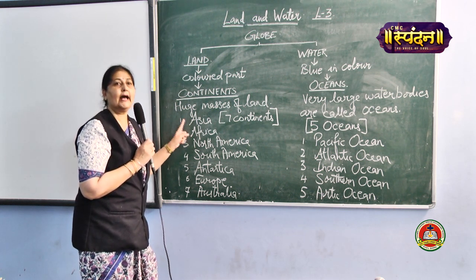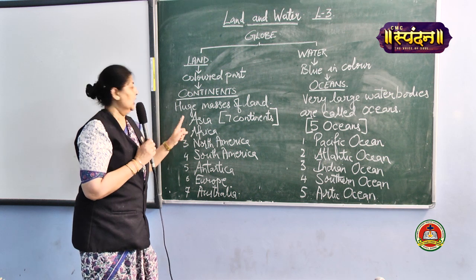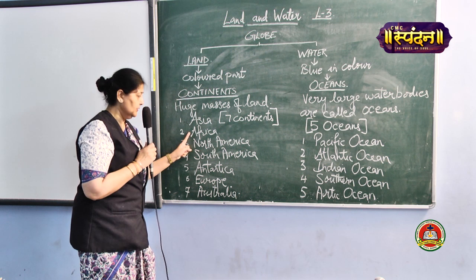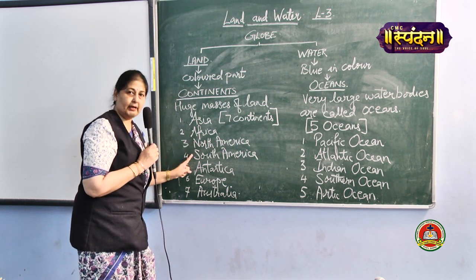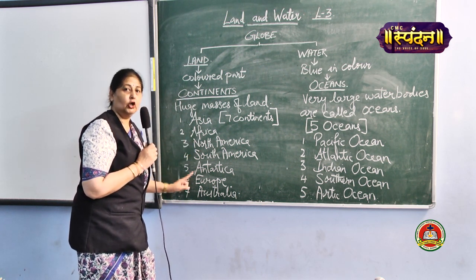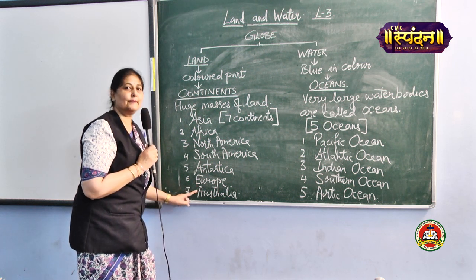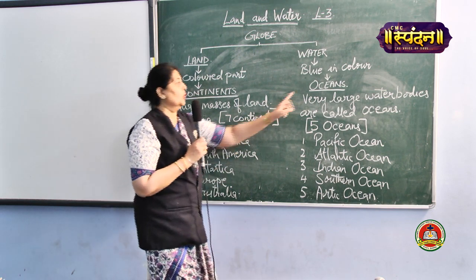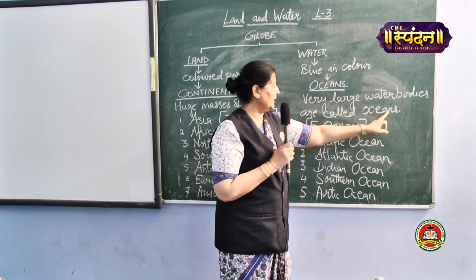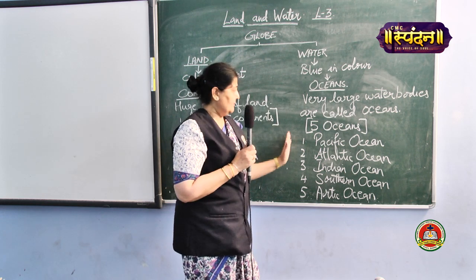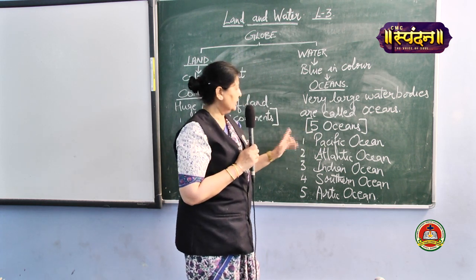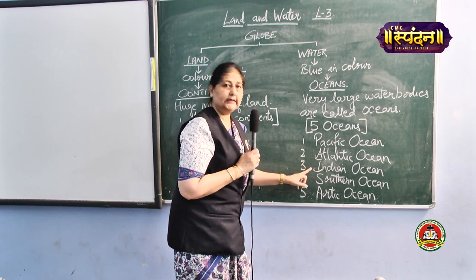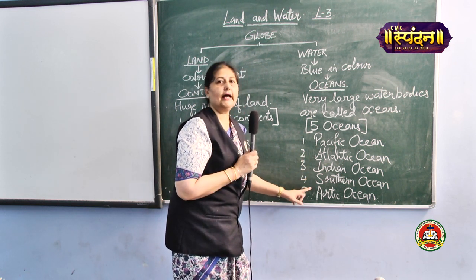India, our country, happens to be in the continent called Asia. Then Africa, North America, South America, Antarctica, Europe and Australia happens to be the smallest continent. Alright? Oceans are very large water bodies, and then there are 5 oceans. Okay? The biggest ocean is the Pacific Ocean, Atlantic Ocean, Indian Ocean, Southern Ocean and Arctic Ocean.